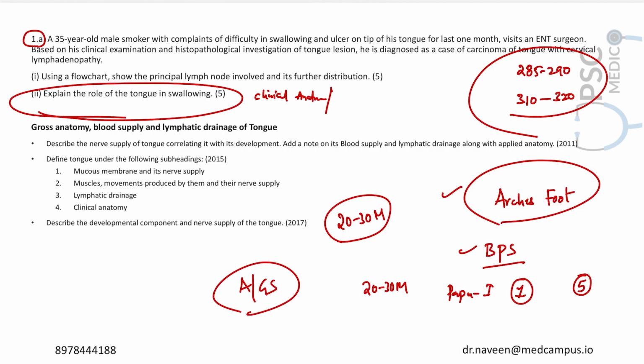Similarly, instead of asking about the lymph nodal supply of the tongue, they're asking you an indirect question on what are the principal lymph nodes involved and their further distribution. Now, in CA oris as a whole, we have 5 levels of lymph nodes: level 1, 2, 3, 4, 5.